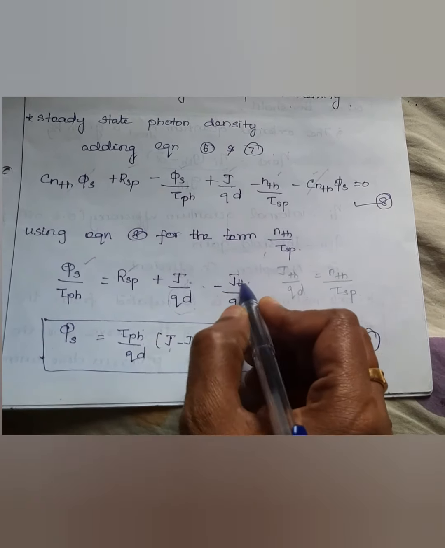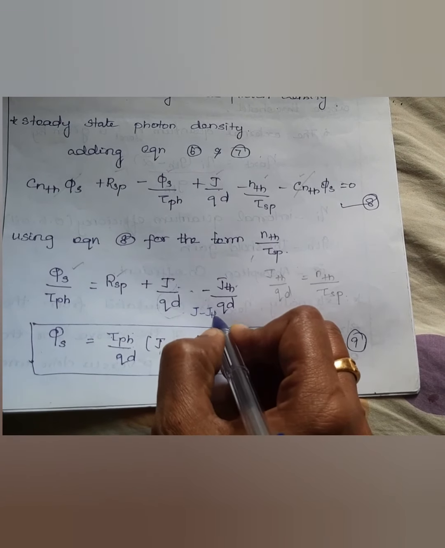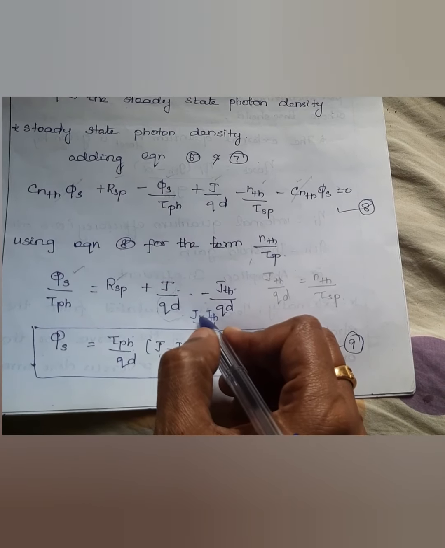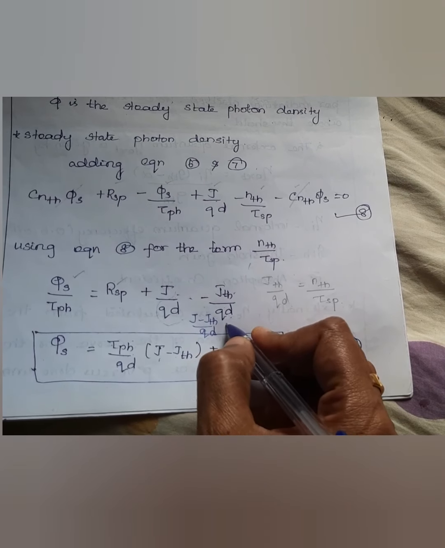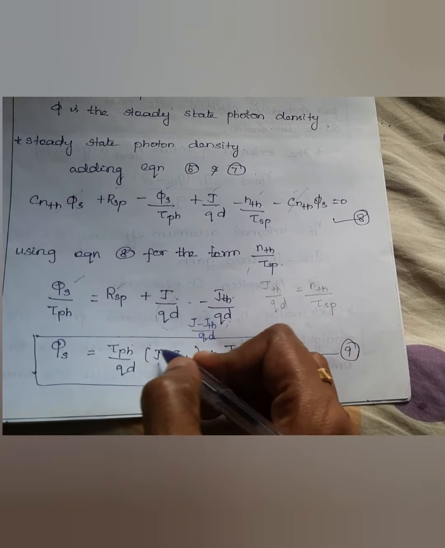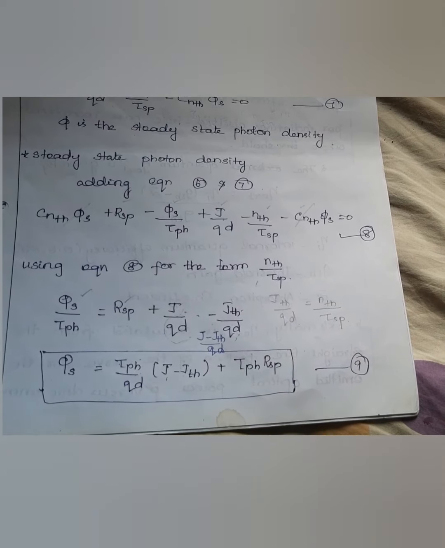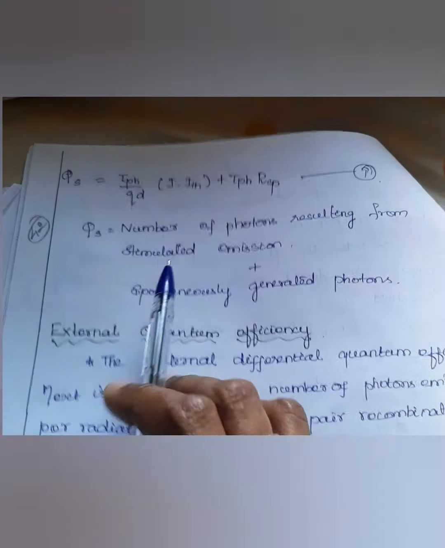From these two equations you can write it in this form: J minus jth by QD. If you take the LCM, tau ph goes to the other side and it becomes tau ph by QD into J minus Jth. Cross multiplying, you get tau ph into Rsp. From this equation you can find the steady state photon value.